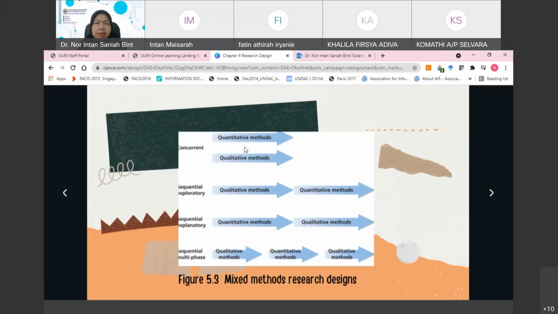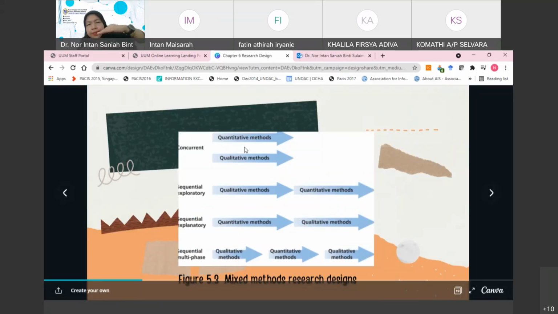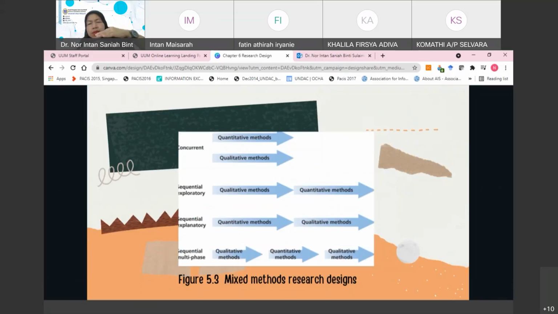Concurrent means it moves simultaneously, quantitative and qualitative at the same time. But sequential is one by one. For example, let's say a survey: you build an instrument, you distribute the instrument to the target respondents.